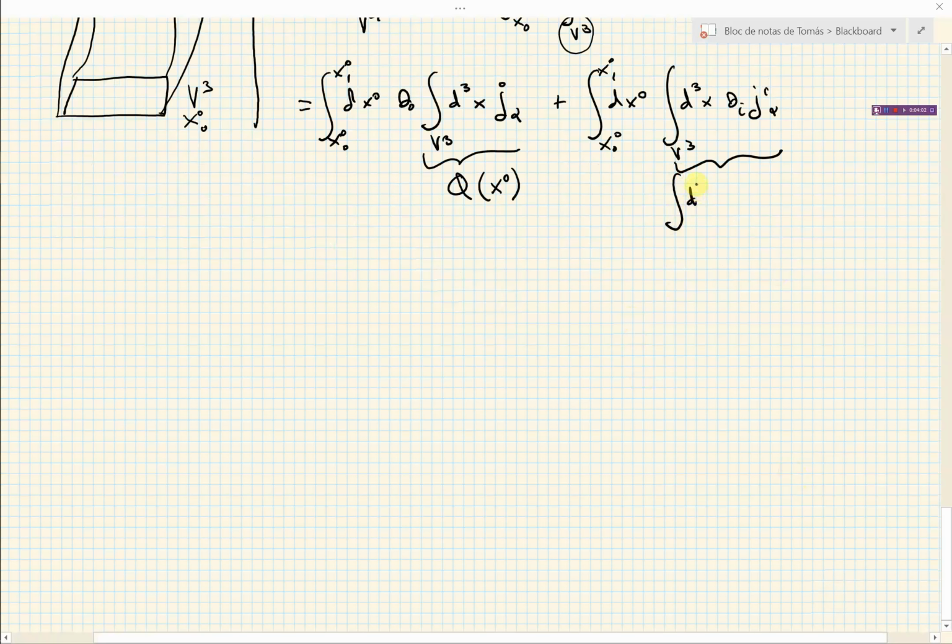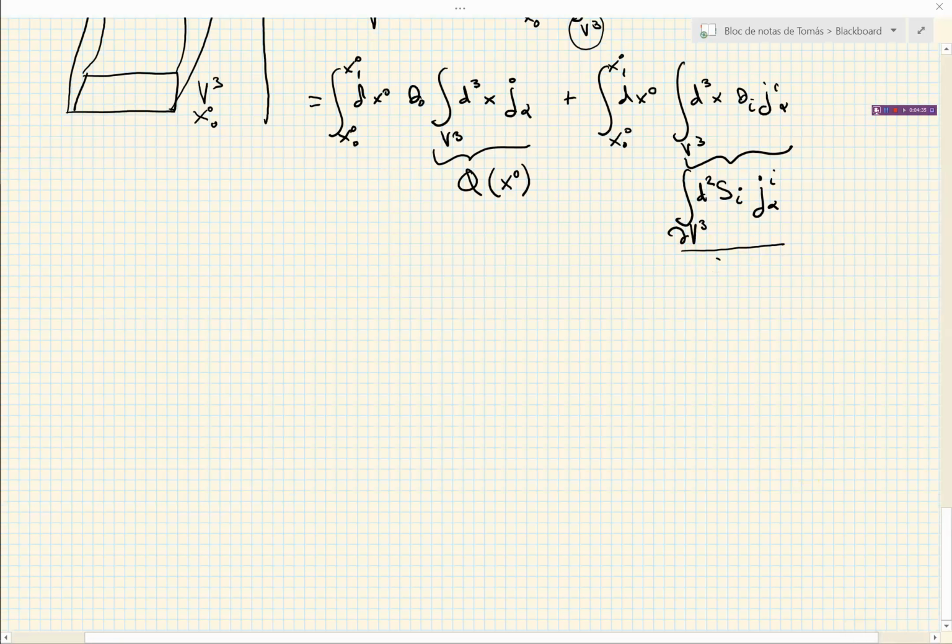This again is proportional to the vector normal to the surface, and the integral is the integral of this ji alpha. So this is a flux of this charge across this surface at a given time x0, because it can also change with time.